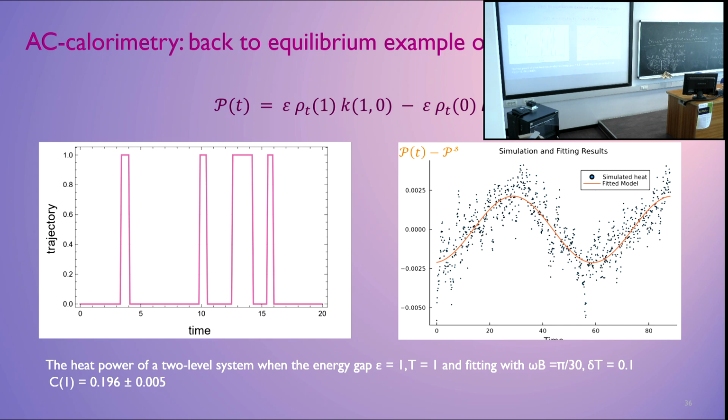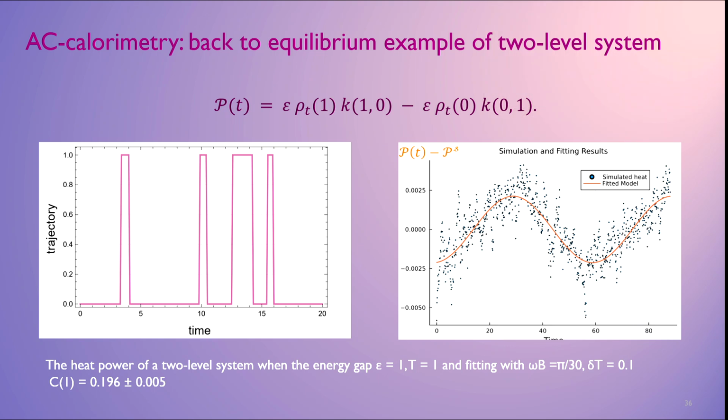But to show that this AC calorimetry can work in any system, just for a two-level system that is in equilibrium, I did the same. This is just one possible trajectory for the particle in a two-level system that is in equilibrium. It's just jumping between a state 0 and 1.